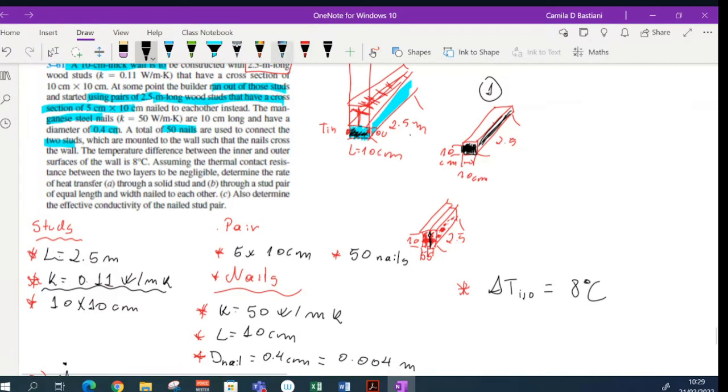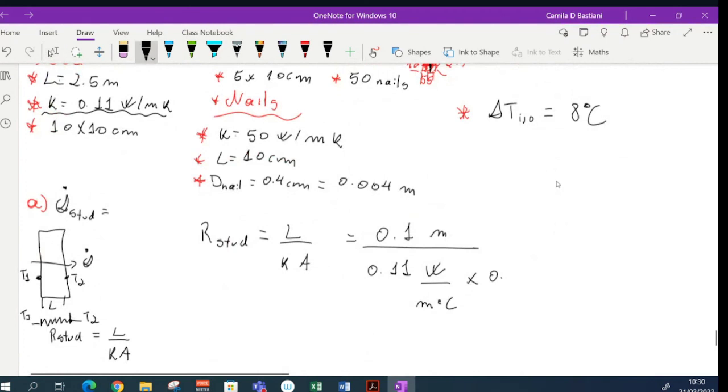My heat is going from this side to this other side, okay? So my area for heat transfer is going to be 0.1 meters by 2.5 meters. So my area for the heat transfer is 0.25 meters square, okay? My heat is going from here to the other side. So my resistance of this stud is 3.636 degrees Celsius per watt.